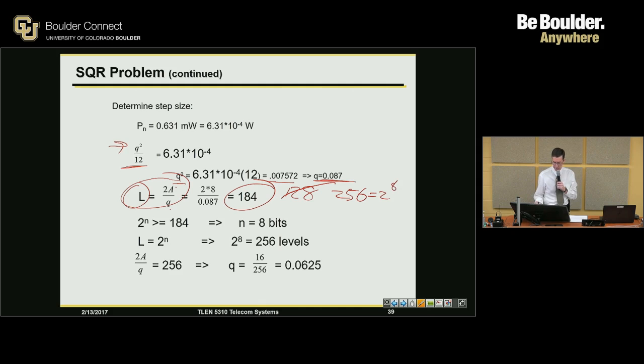So I actually am going to have 8 bits to represent that system. So my number of levels is going to be 256 levels. Now I solve for the Q. If I solve for the Q, that tells me my interval is going to have to be this small number here in order for that system to work at low voltage levels.